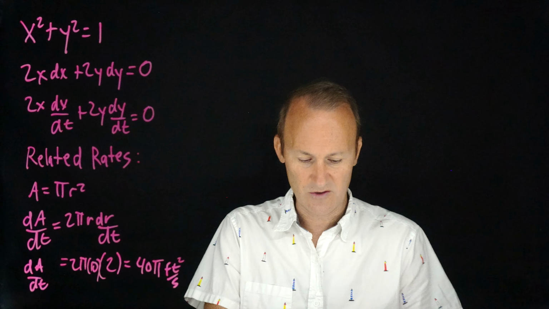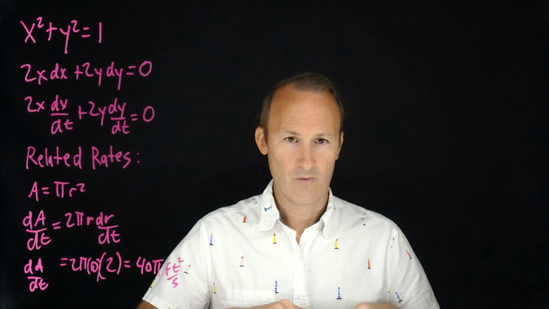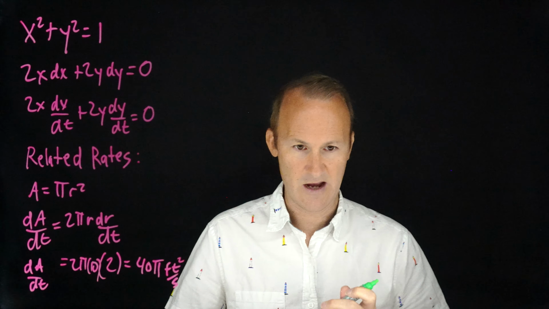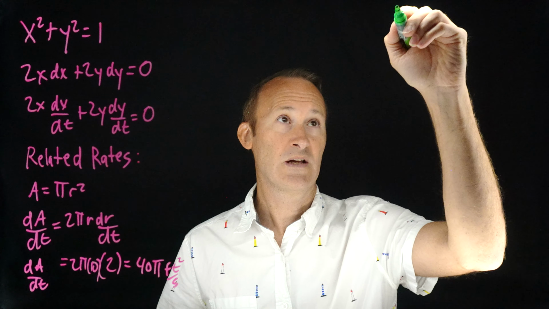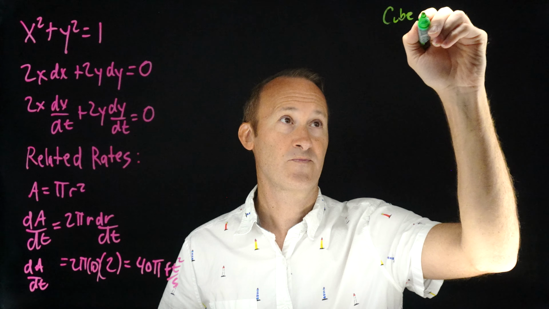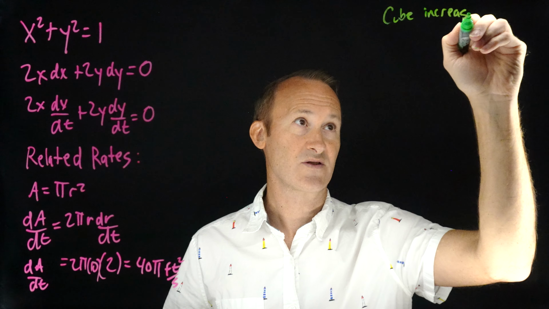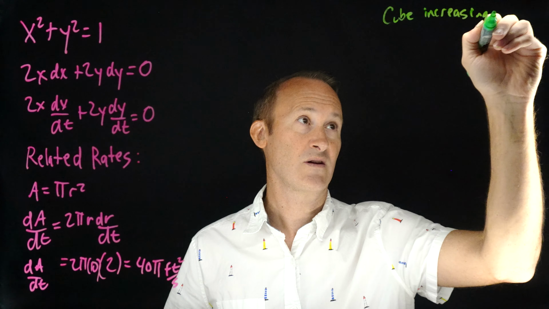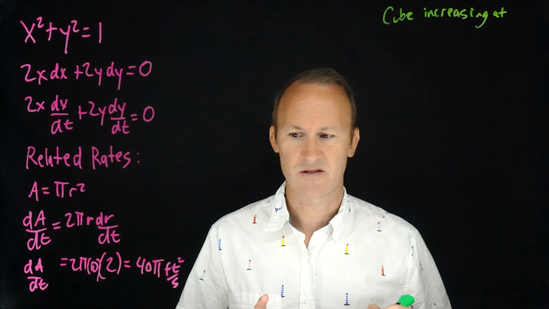Okay, let's do some other examples. Consider the following. Let's say we have a cube, okay? And the cube is increasing. We'll do something sort of similar. Let's keep our numbers nice and simple.